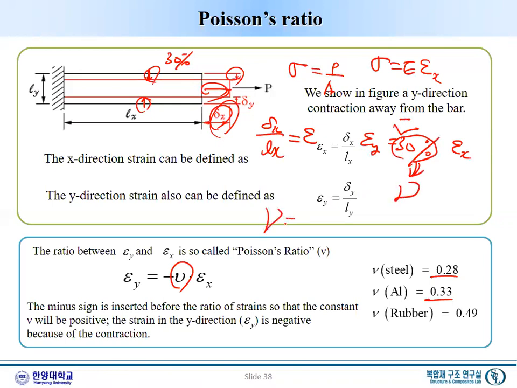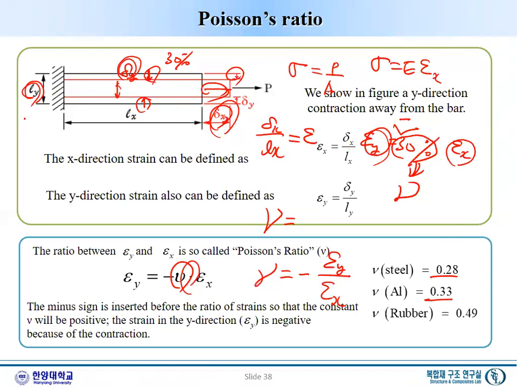So Poisson's ratio is simply, as shown here, minus epsilon Y divided by epsilon X in this case. But pay attention to this epsilon X. Amount of delta Y, amount of delta X, a little different story. Why? Because epsilon Y is this length and this is the delta Y. So delta Y is very small.